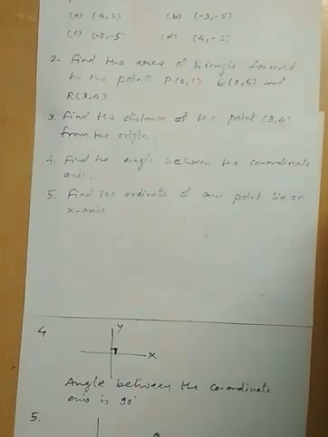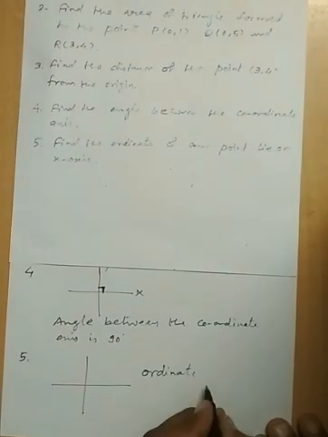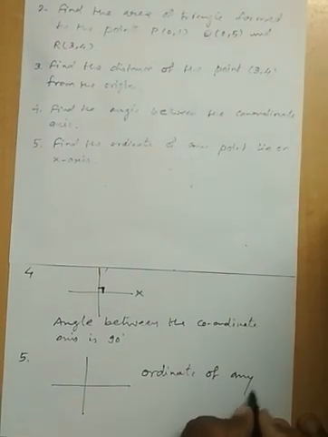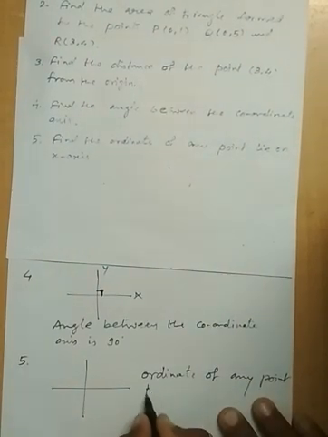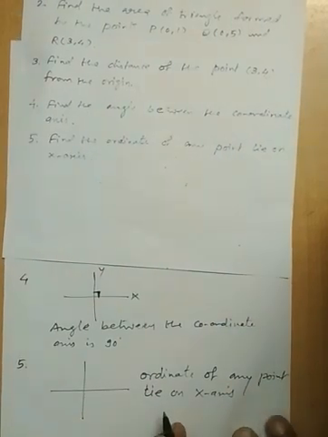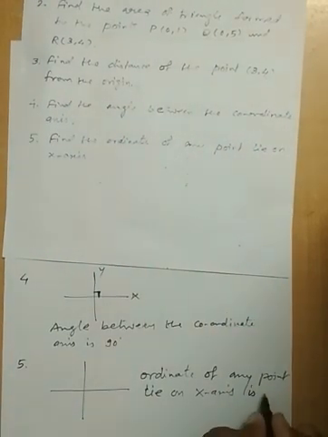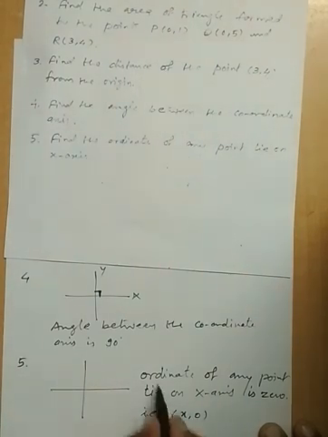So the ordinate of any point lying on the x-axis is 0, and we can write it in this way, (x, 0). So x is the x coordinate and 0 is the y coordinate, and this is called the ordinate.